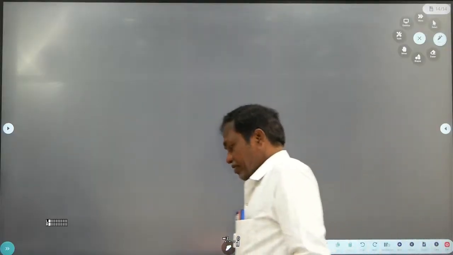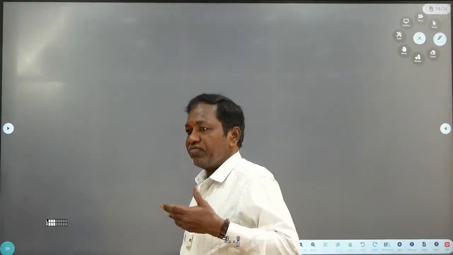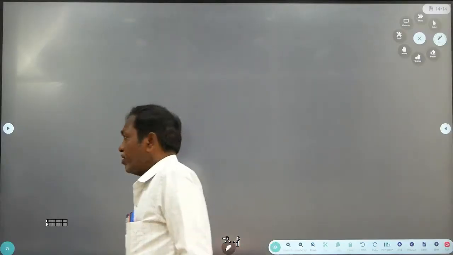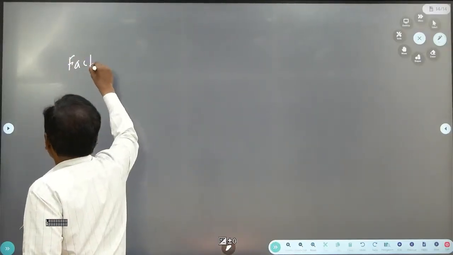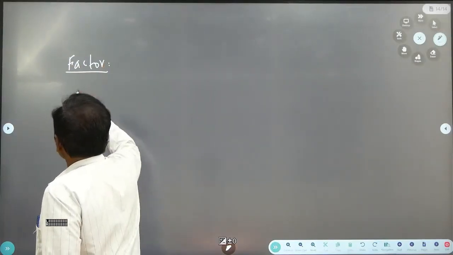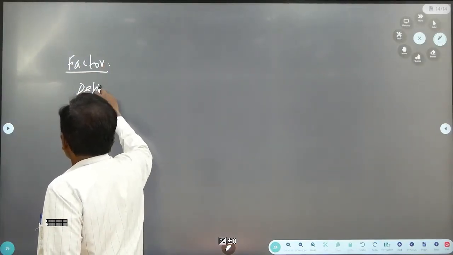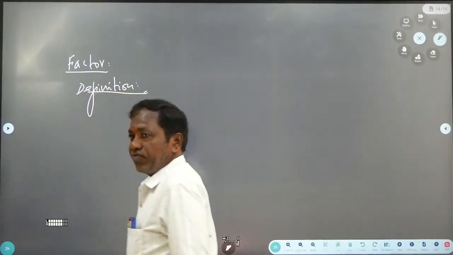We already learned and discussed a little about factors. Now we will come to it very officially. And the definition is what? Factor. So, definition of a factor.